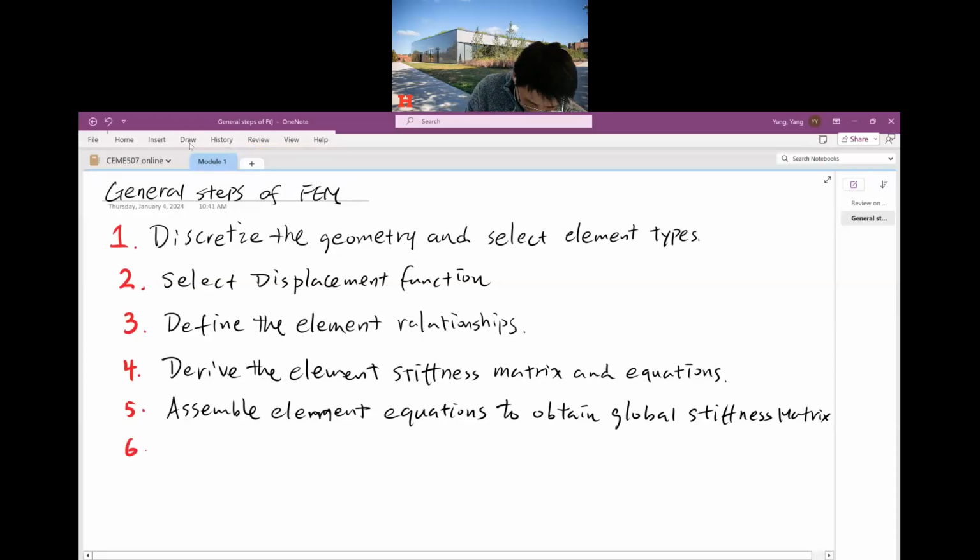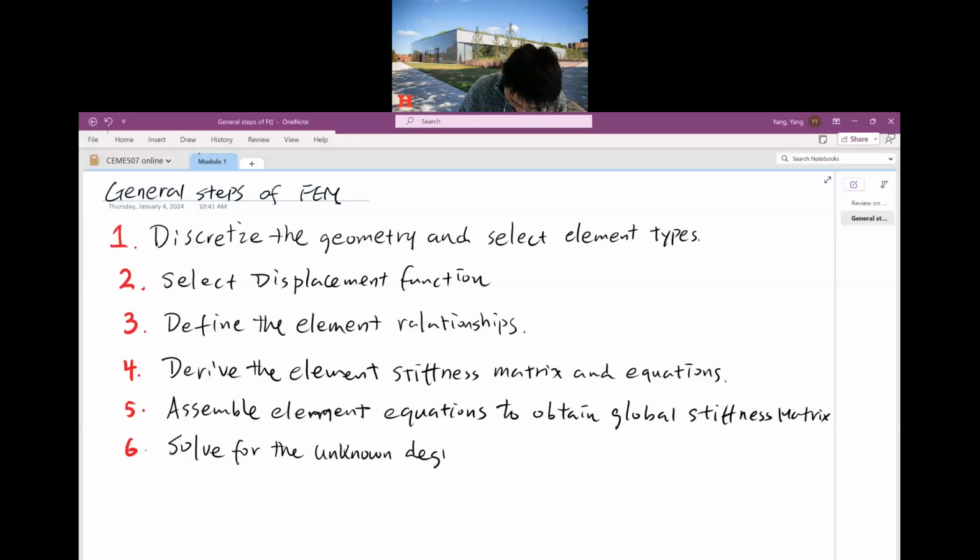So we can solve for the unknown degrees of freedom, such as if displacement is unknown, we should be able to solve the equation to find out the values of the unknown displacements or unknown forces.